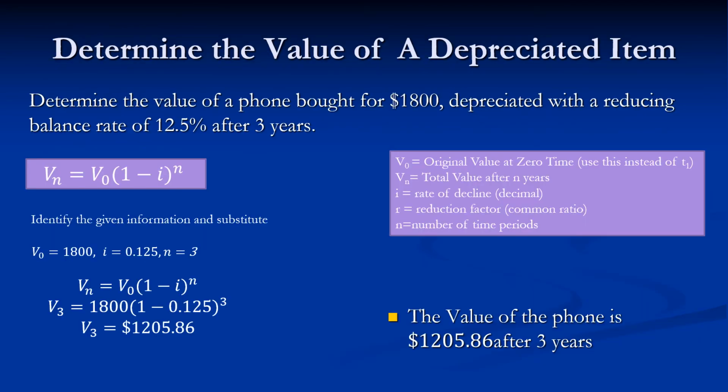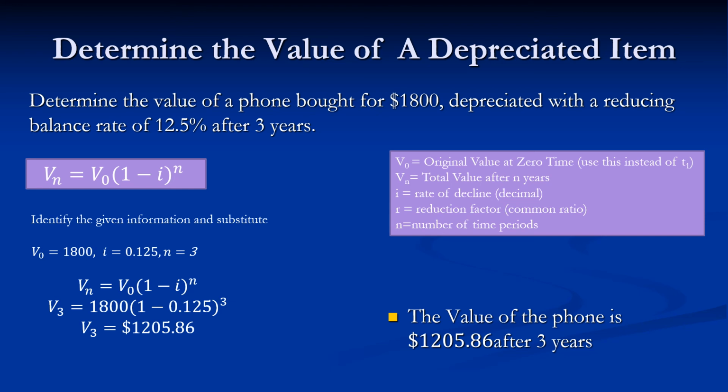Now, if we want to determine the value of a depreciated item, let's have an example of this. So a phone bought for $1,800, depreciated with a reducing balance rate of 12.5% after 3 years. So all we need to do is identify the appropriate formula and substitute in, which is really nice.